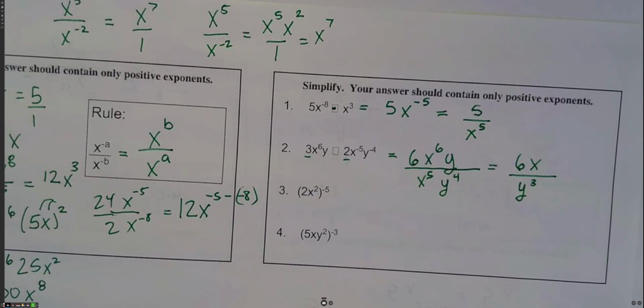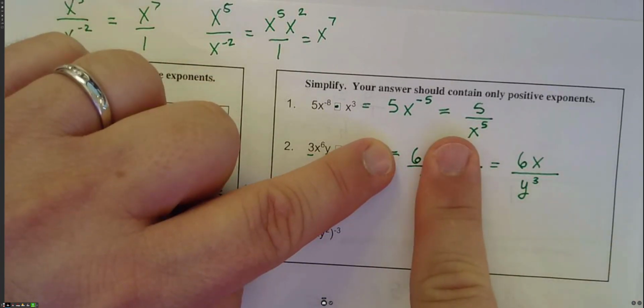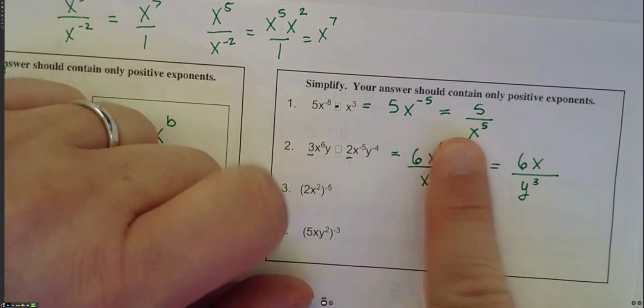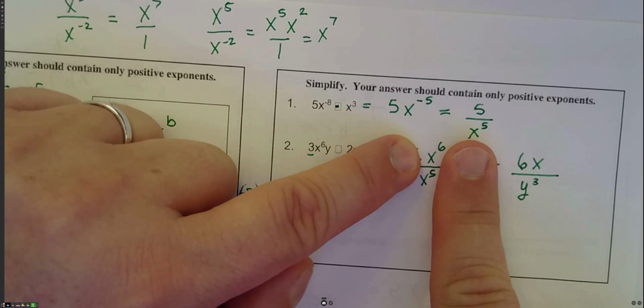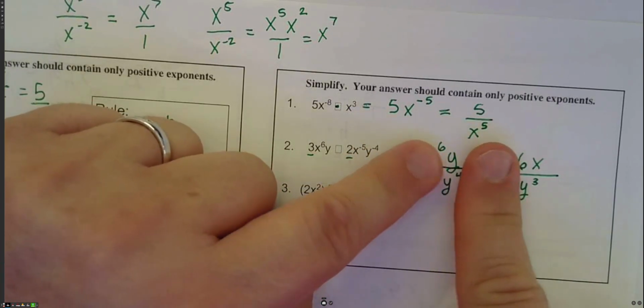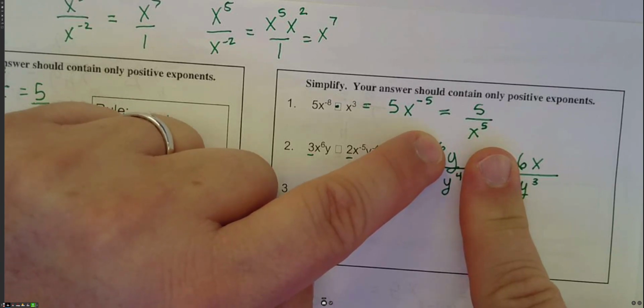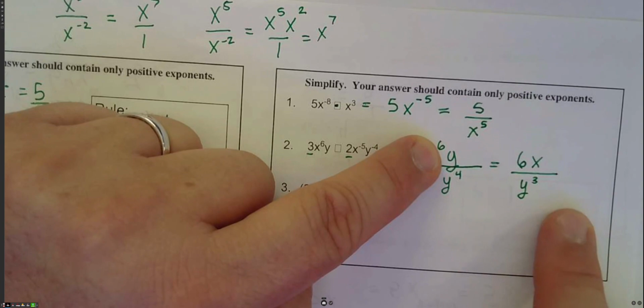So I did 6 first, and I said 6 was up there, and there's no number challenging 6. So 6 stayed up. X is being challenged by that other X. Which one's winning, the top or the bottom? By 1, so I just wrote that. In terms of Y, which one's winning, top or bottom? Bottom's winning by, there's a 1 there when there isn't a number, by 3.